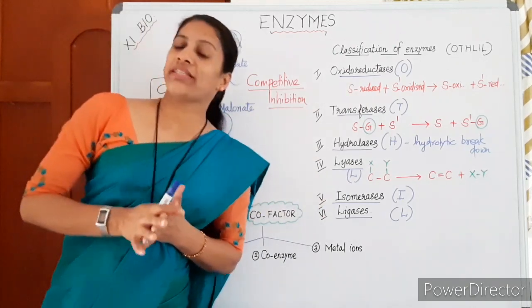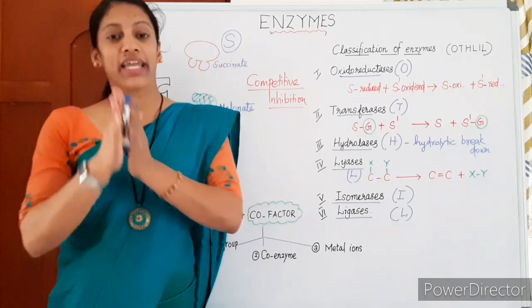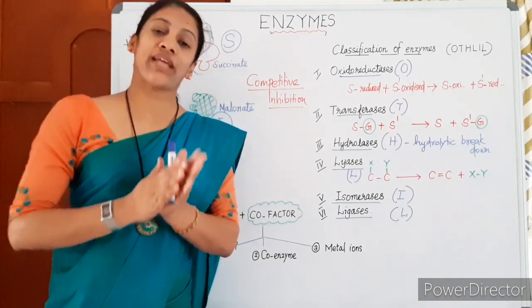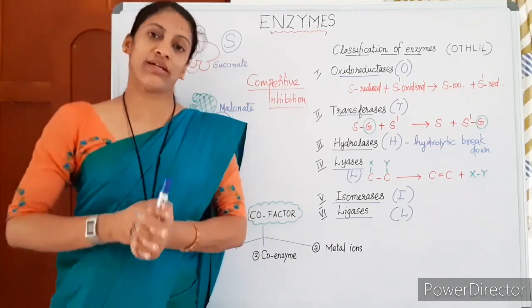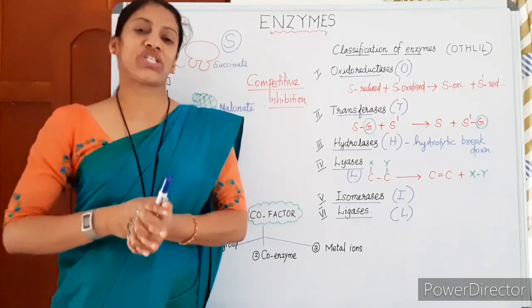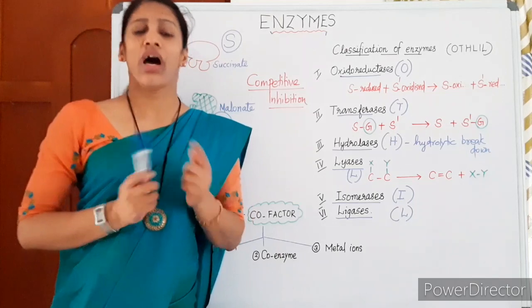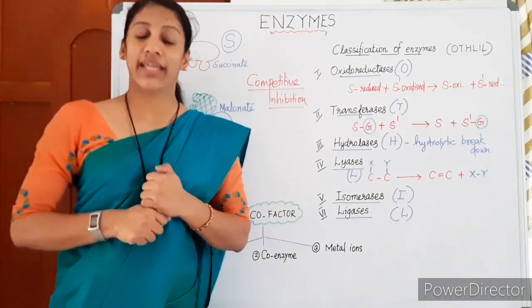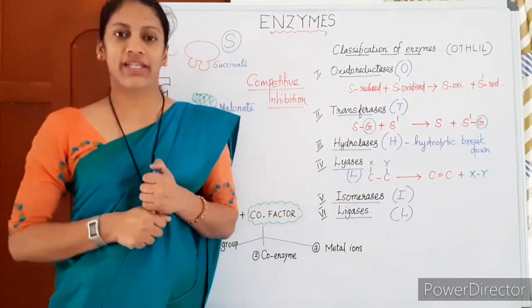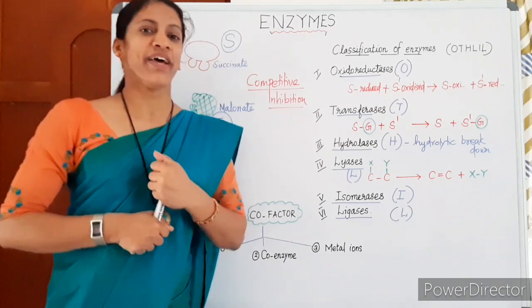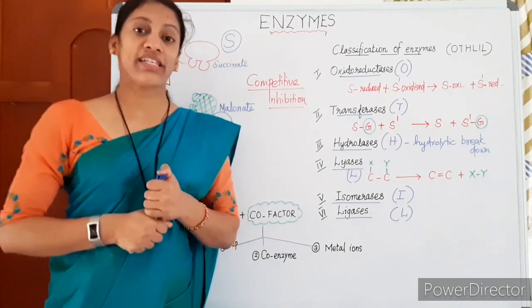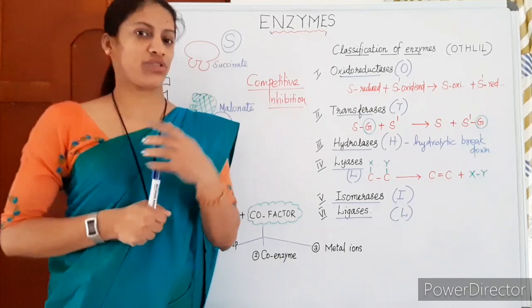So isomerase enzymes catalyze the interconversion of various types of isomers like optical, geometric, positional isomers. Glucose to fructose conversion or other types of isomer conversion is catalyzed by isomerase. So what is an isomerase enzyme? It catalyzes isomerization between two isomers.